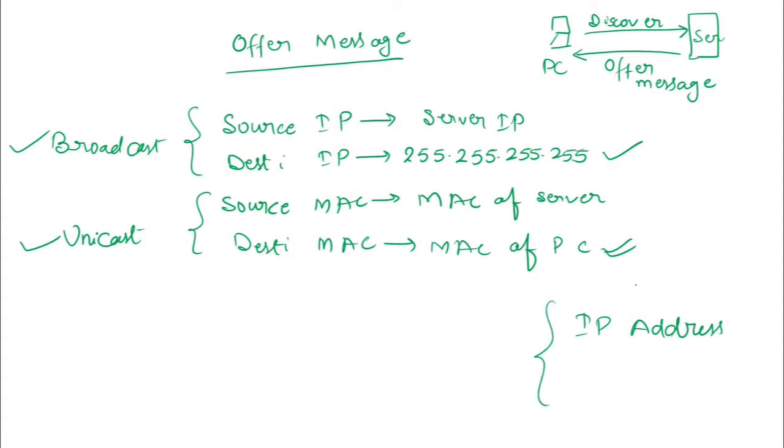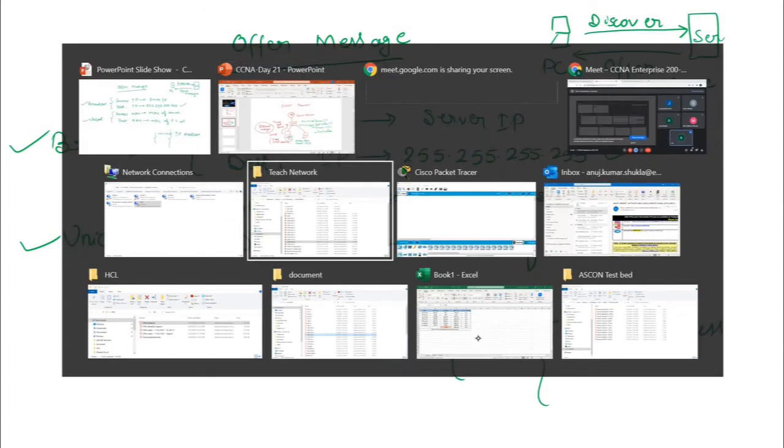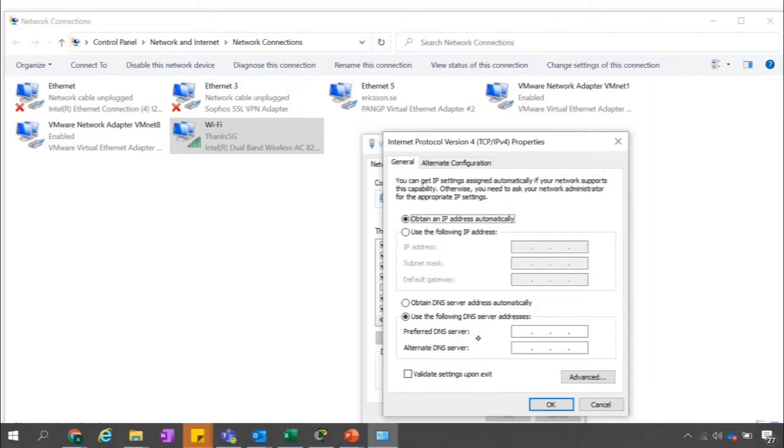Because this is an offer that I have given you an IP address of 10.1.1.1, and we have some more information. If you see here, the IP address assignment has these three pieces of information: the IP address, subnet mask, and the default gateway.